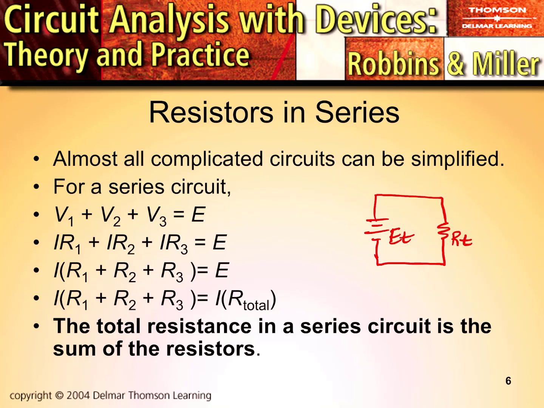So in a simplified circuit, you have your total amount of motivating force as E total, your total amount of opposition as R total, and then you could calculate a total value of current for a simplified circuit.